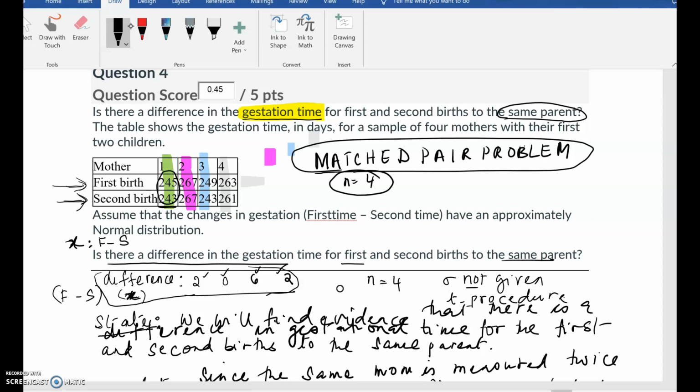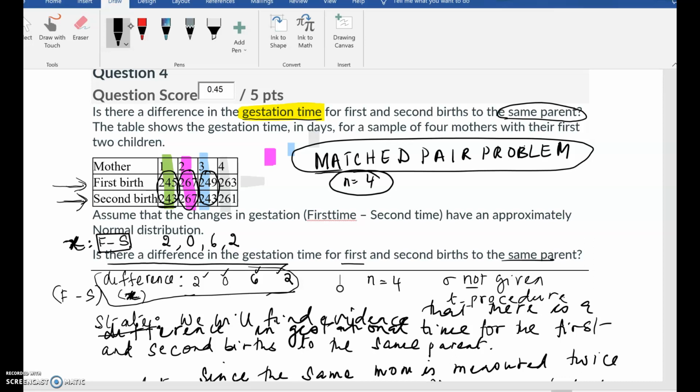First number minus the second number is 2. The first number for the second mom minus the second number is 0. The first number minus the second number is 6. The first number minus the second number is 2. So these are the differences in the first minus the second, and that's what our new variable is.